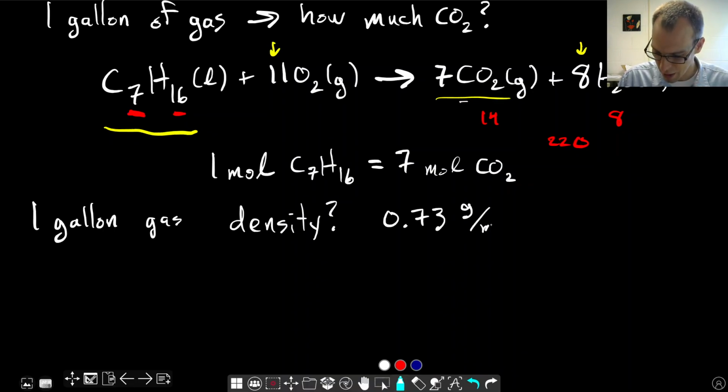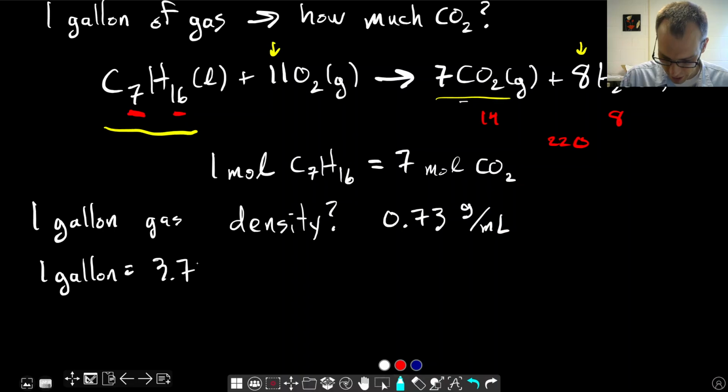That's not something I would expect you to know off the top of your head, but we need a value here, right? And then we also need to know how much a gallon is. So 1 gallon is 3.785 liters.